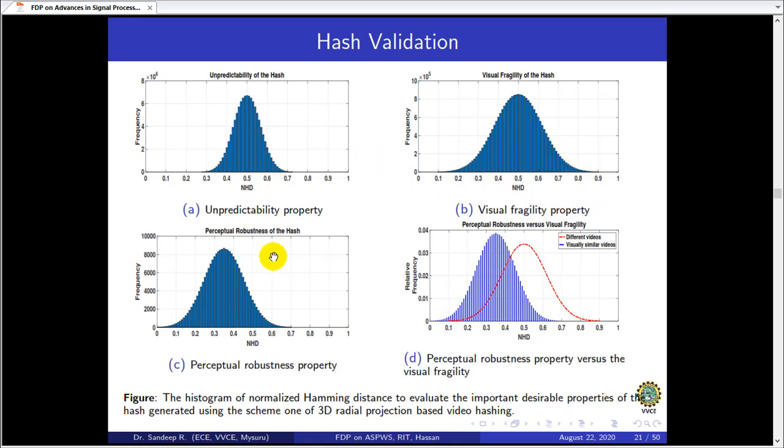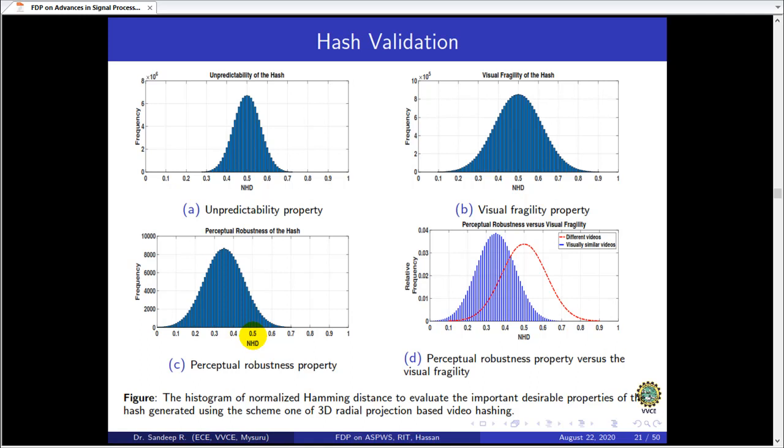Perceptual robustness, if you remember, means that if two videos look similar to the human eye, then the normalized Hamming distance should be very close to 0. Yes, here in this algorithm the values are centered roughly around 0.35, and that is towards 0. Now what we did for this was we had 224 different videos, and we generated similarly looking videos, 224 of them, by adding noise and blurring, like some of the operations that a video would undergo in typical video processing applications.